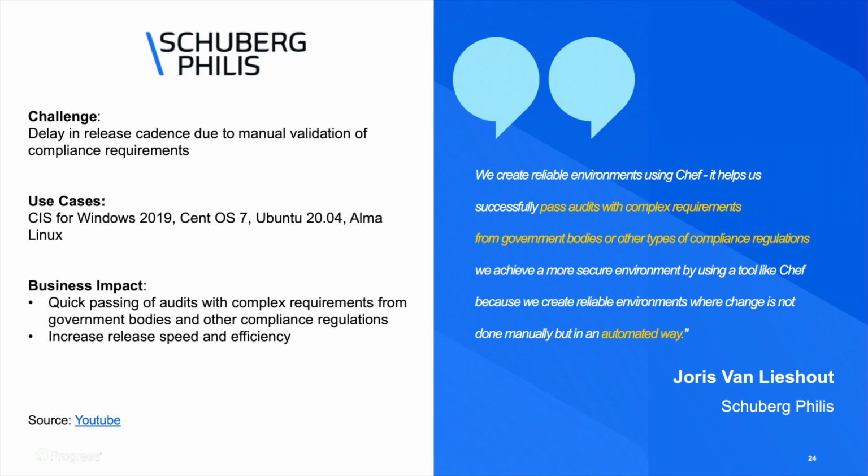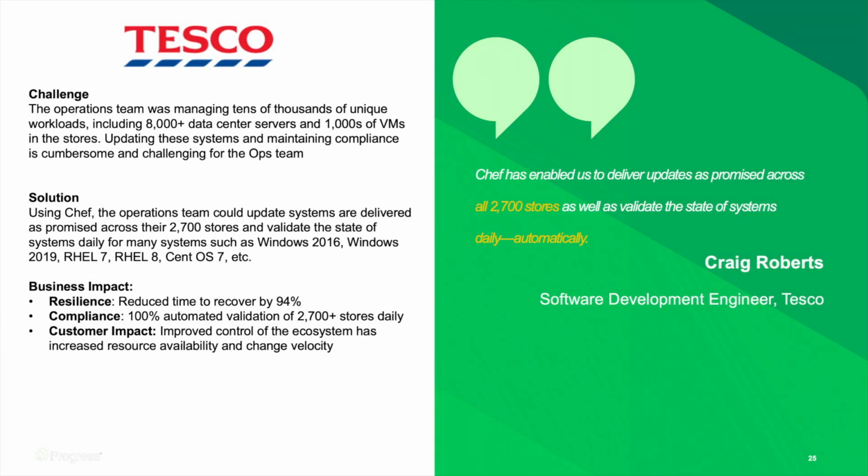And with their shift-left approach, meaning a security-first approach, they quickly identify and fix security issues, which in turn increases their speed and efficiency in their release cycle. All right, this is about the customer story of Shubhak Phyllis.